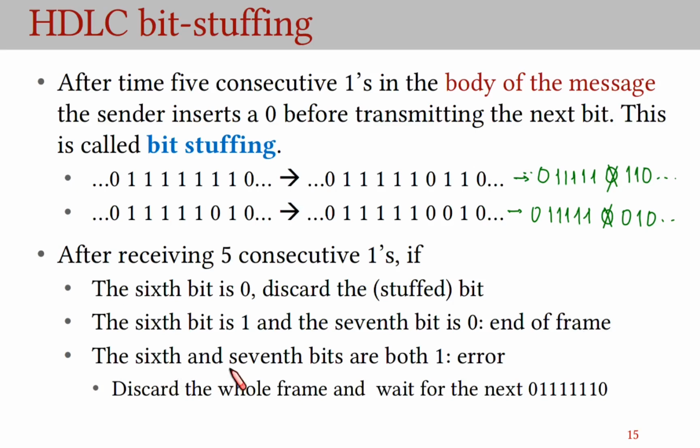However, if the 6th and 7th bits are both 1, right, it will treat that as an error, and it will discard the whole frame and wait for the next start of frame flag. An undesirable effect of both bit and byte stuffing is that the frame size becomes a function of data content.